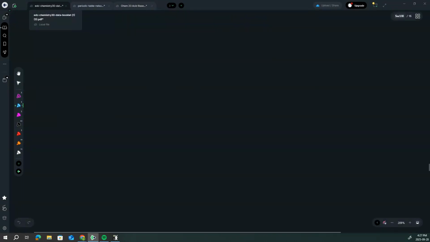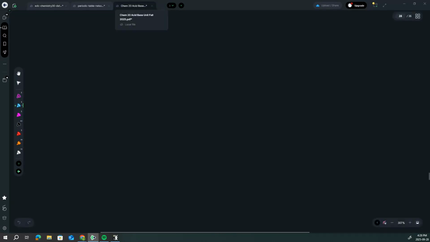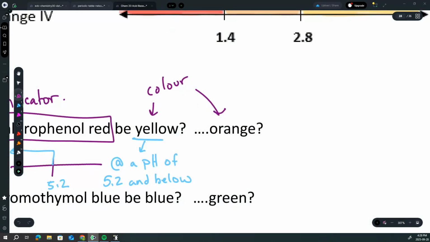And when chlorophenol red is going to be orange, well, orange is the in-between color between yellow and red. So orange is going to be in the in-between range between 5.2 and 6.8. So let's write that out.